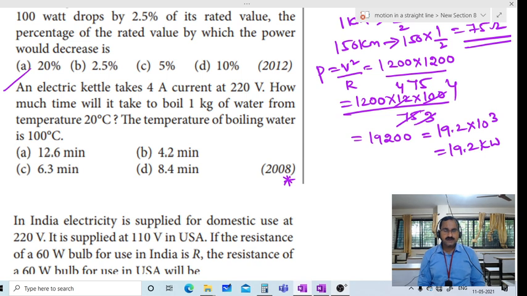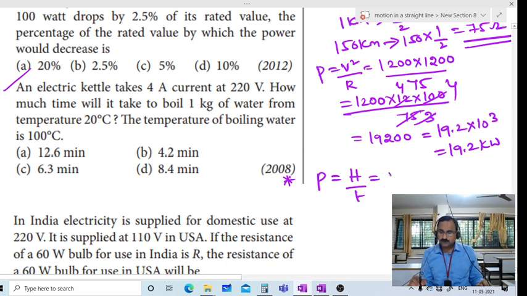Only one thing we can do: power is equal to voltage into current. That is equal to power, which means energy by time or work by time, that is m s delta T. Power is equal to H by t, heat energy divided by time.